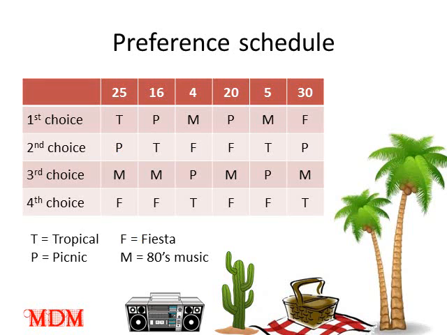The multiple outcomes lead us to a preference schedule, which is just a table of the results from the preference ballot. Here's a possible preference schedule for our office party.